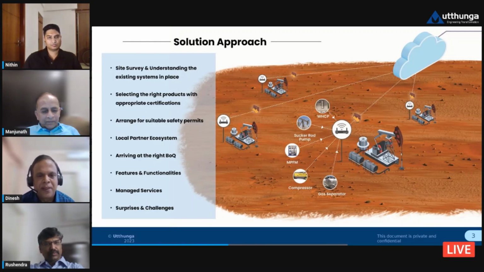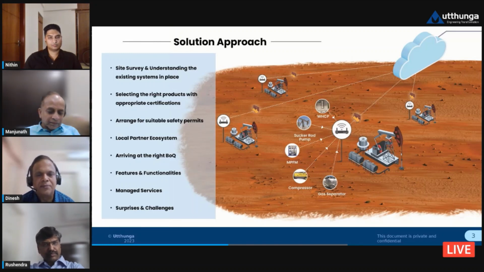Understanding the site, looking at the type of systems which are already there, in case it's a brownfield oil field, and then what type of communication infrastructure exists in that field, and the other environmental conditions, whether it is onshore, offshore, whether it is humid, high temperature, low temperature. So all these things are very essential to be understood before we put the solution in place.